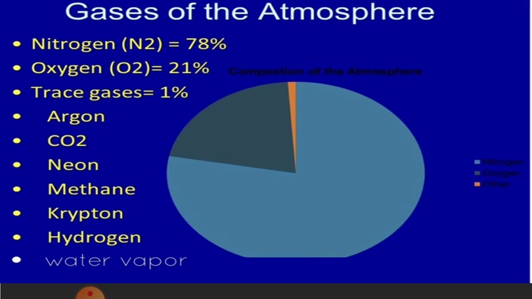Water vapor in the atmosphere helps in controlling the temperature of a place and helps in the formation of rainfall. So this is all about the atmosphere.